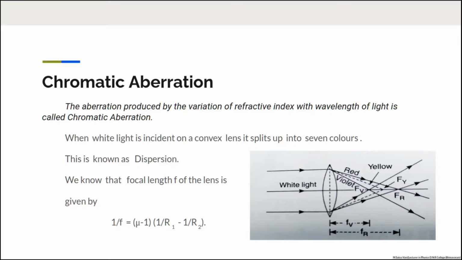We know that the focal length of a lens f is given by 1 by f is equal to (mu minus 1) into (1 by r1 minus 1 by r2), where f is the focal length, mu is the refractive index of the material of the lens, r1 and r2 are radii of curvature. If you observe this equation, focal length is inversely proportional to refractive index.